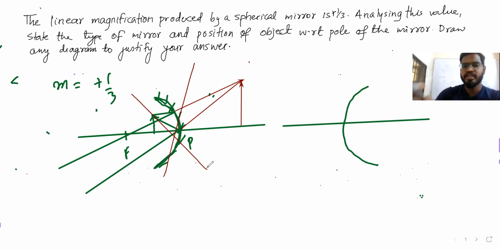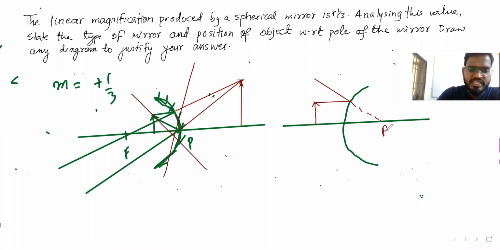Let's see for the convex mirror. Let's consider we place the object here. A ray of light parallel to the principal axis will pass through the focus after reflecting back, so let's draw it in dots, somewhere here. Second, a ray of light is directly incident towards the center of curvature.